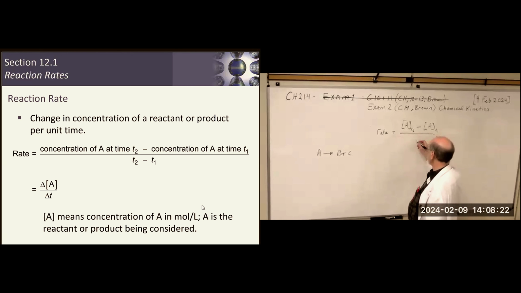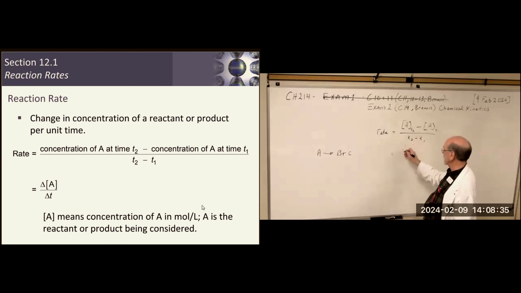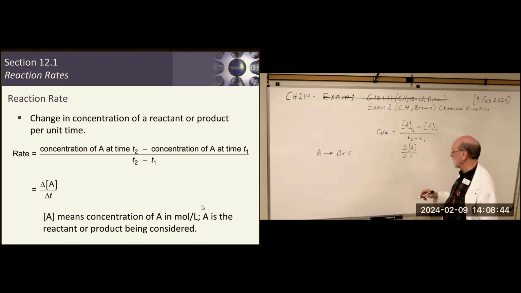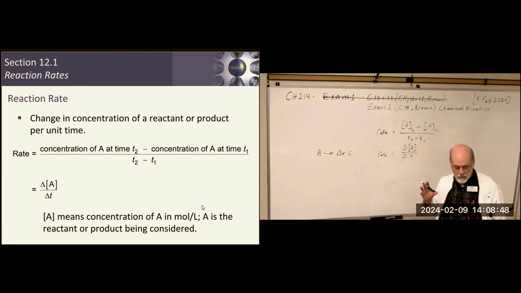And then the time interval is T2 minus T1. How long did it take? So we condense that into a delta: change in the concentration of A with a change in the time interval. That's the generic expression for the rate of a reaction.